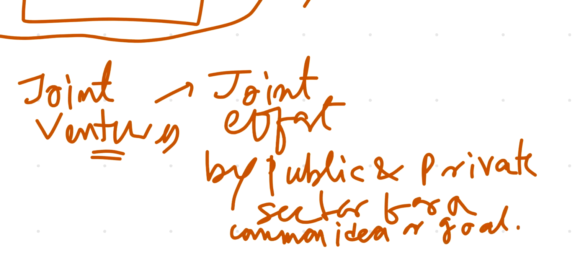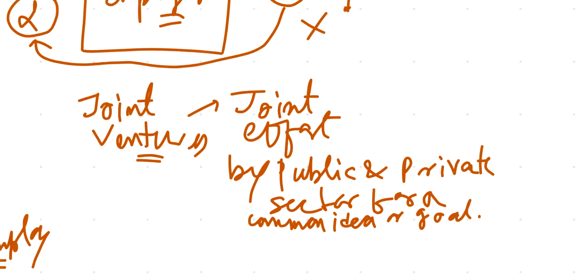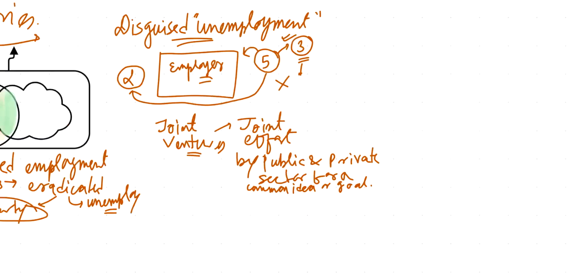Okay, it is a joint effort made by the public and private sector for a common idea or a goal. Is it clear? Now, in India, such public ventures and joint ventures help in eradicating poverty in our country.